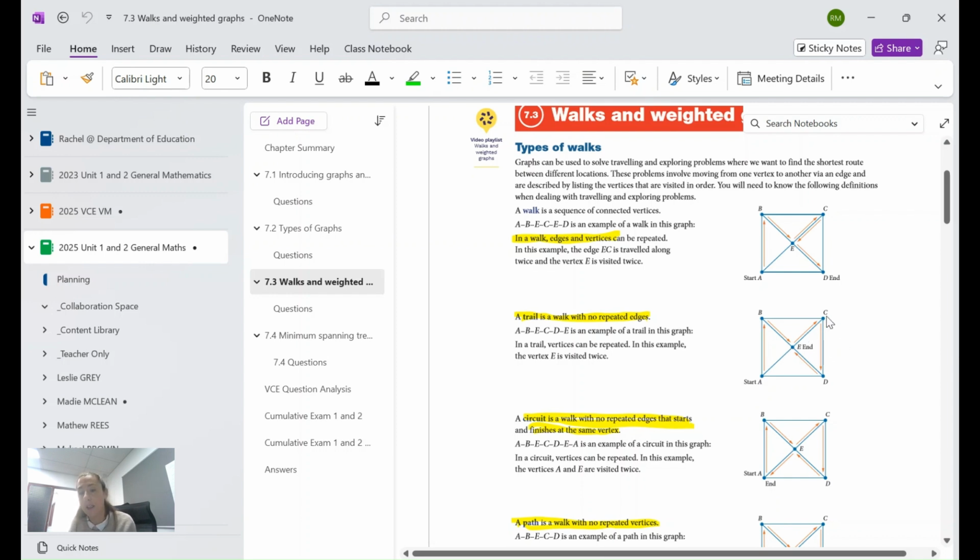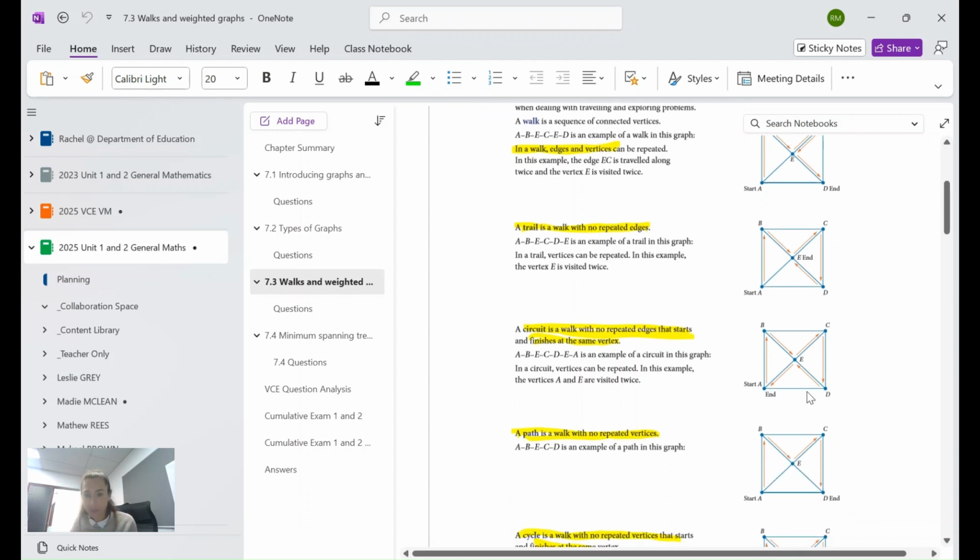So we couldn't come back along CE because that would have been a repeated edge. So a trail has no repeated edge, but we have visited this vertex twice. So a walk has repeated vertices and repeated edges. A trail has repeated vertices, but no repeated edges.